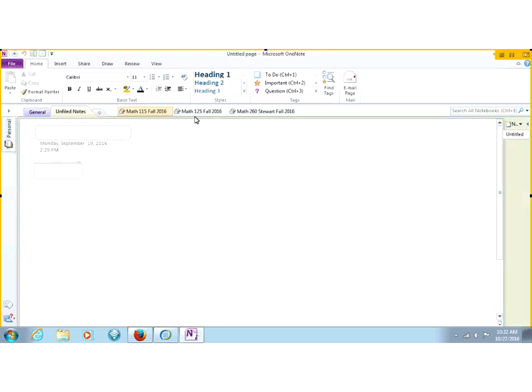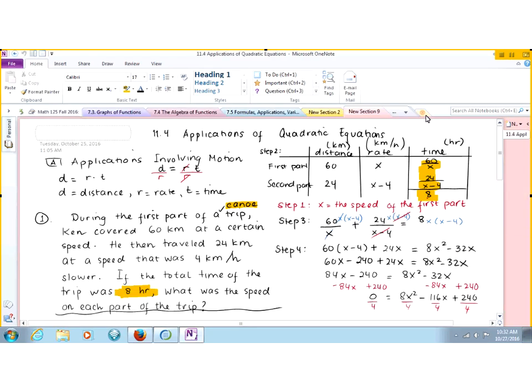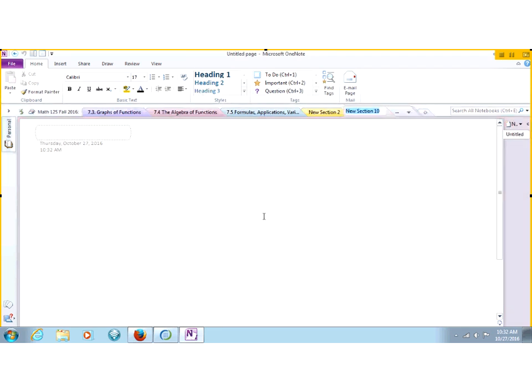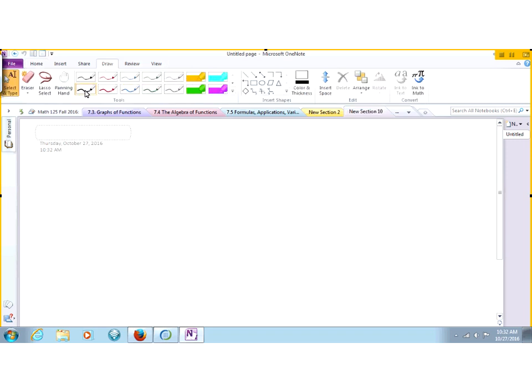All right, Math 125 and this one. So 11.5, equations reducible to quadratic.